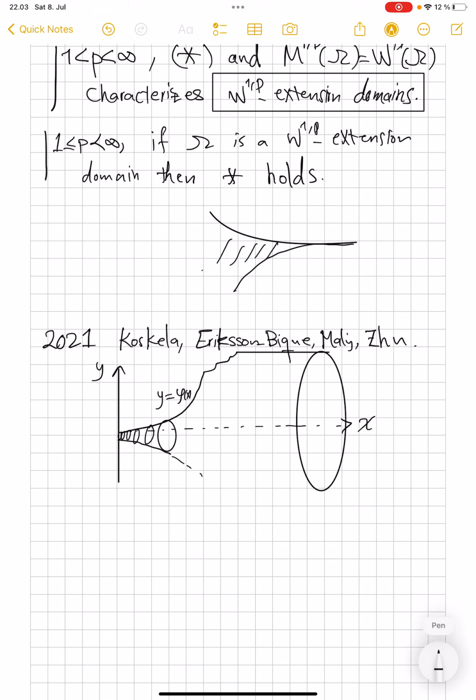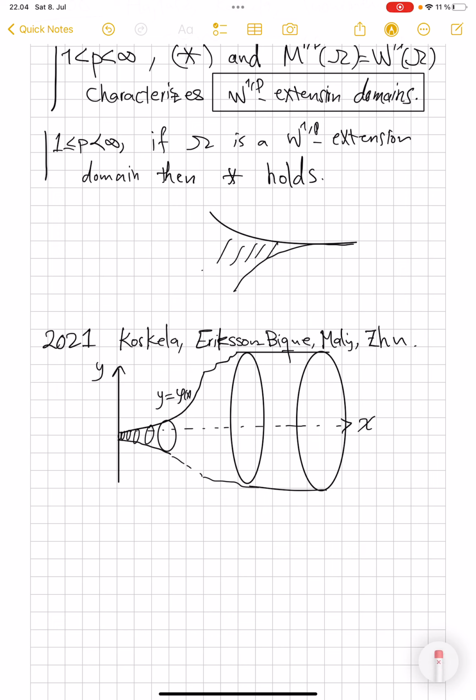Okay, so they produce then something like this. And then they prove that under quite general conditions, basically you just need nothing other than the smallest assumptions on this phi, so that this is actually a domain, an open set.